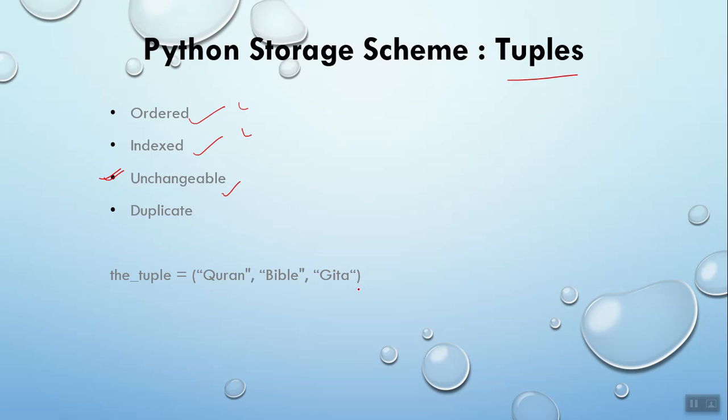So it is perfect for applications where no change in data is allowed. It provides more security. Duplicates are also allowed in tuples, and tuples are written in round brackets. This is a round bracket.